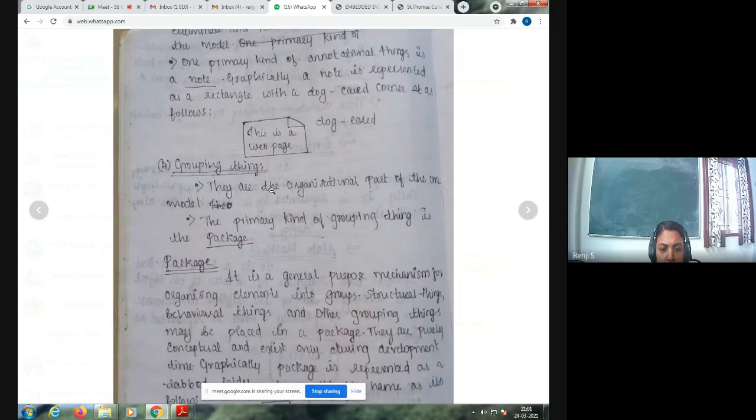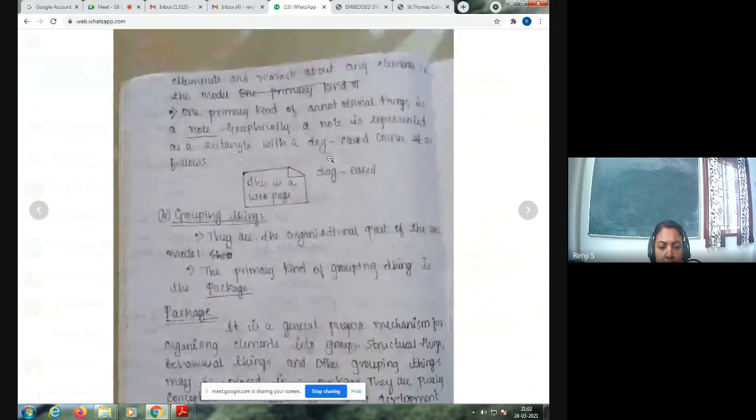Grouping things are the organizational part of the UML model. Organizational means that to separate the components of a system into groups, we use UML notation with the grouping thing, and the primary kind of grouping thing is called the package in UML. A package is a general purpose mechanism for organizing elements into groups.